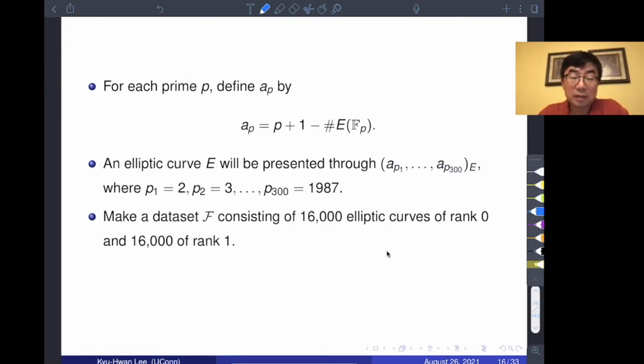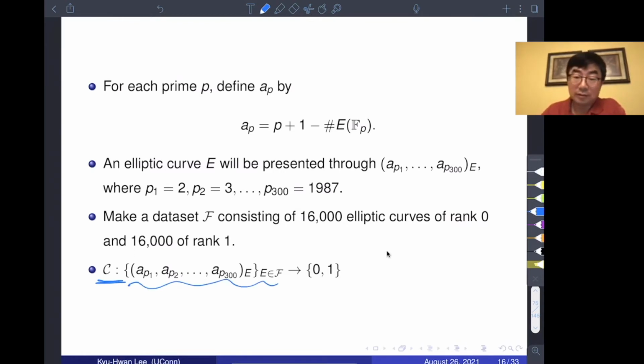And we make a data set consisting of 16,000 elliptic curves of rank 0 and 16,000 of rank 1. So we have this classification problem. We have this data set, and we want to see if a machine can tell 0 or 1 for each data point.